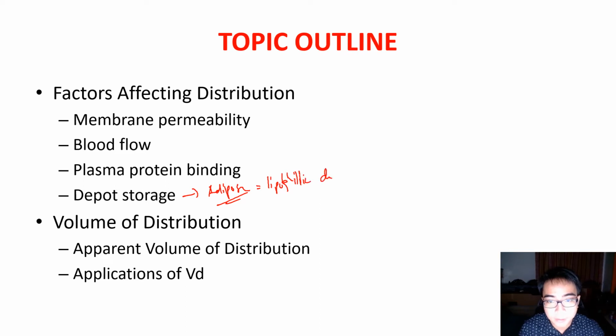And of course, the applications of volume of distribution, specifically the apparent volume of distribution, and its application in terms of dosing, like determining the dose frequency of certain medications and the like.